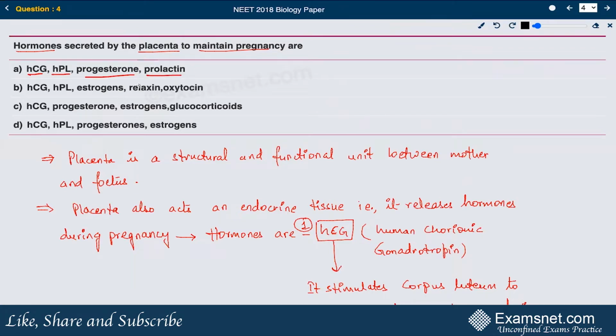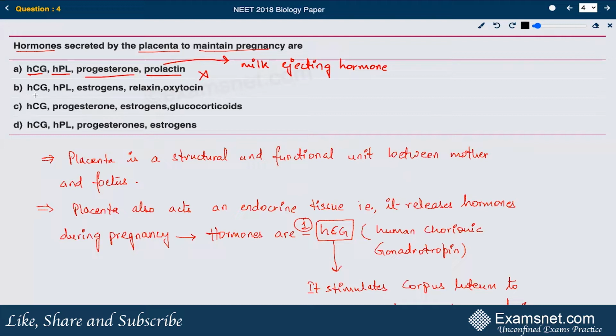So prolactin is basically a milk ejecting hormone, which is released in the late phase of pregnancy. This is a milk ejecting hormone, which is actually not released by placenta, let me tell you. All right, so this cannot be the option.